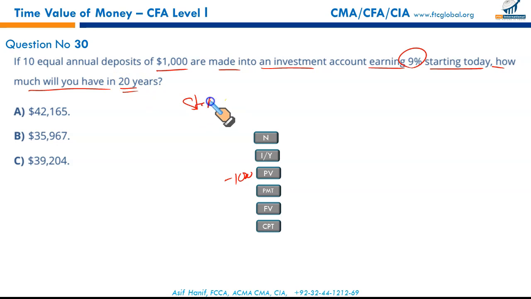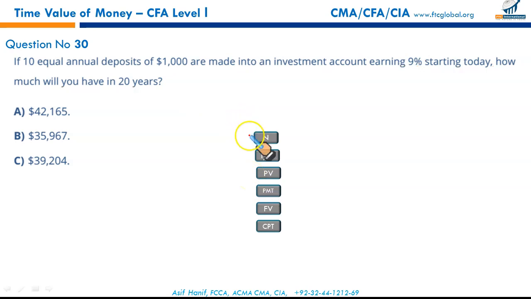So let's do step 1. Number of periods for the first phase is 10. Interest rate is 9%. Present value is 0. We are making a regular payment of 1,000, annuity due, at the start of each period. We need to calculate the future value.